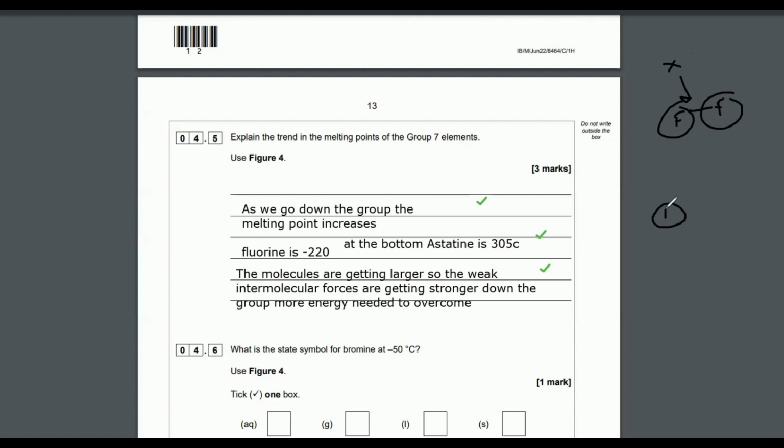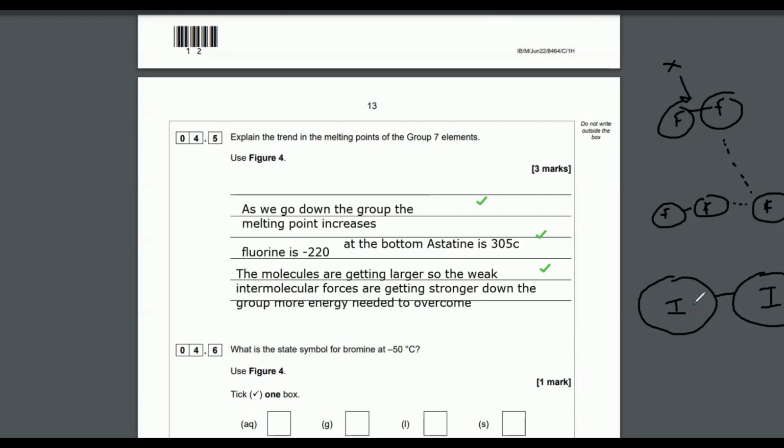So why has it got a smaller melting point? Because fluorine molecules are actually quite small, and so they only have weak intermolecular forces between the molecules, which are dead easy to break. Whereas if you take a bigger one, like iodine, which is the fourth one down the group, it's got a lot more shells than fluorine.